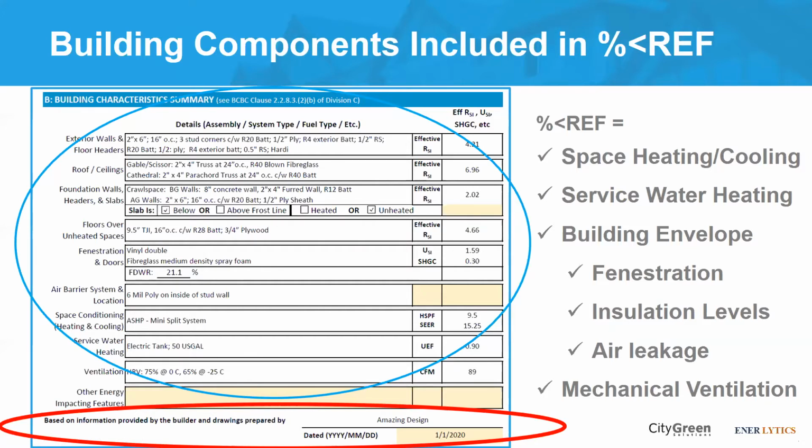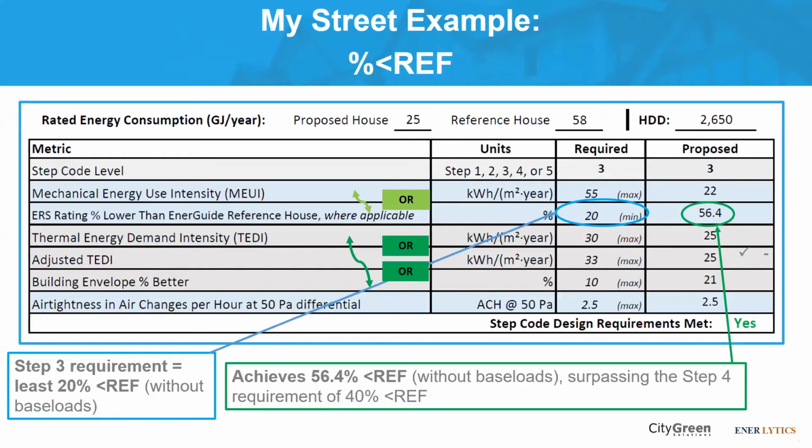So in this particular case, an energy advisor advising that builder has many options to advise them on how to meet this metric. For step 3, the builder would need to make it at least 20% better. In this particular example, we show the home is 56.4% better. So far, we're surpassing what would be the step 4 requirement of 40% better.